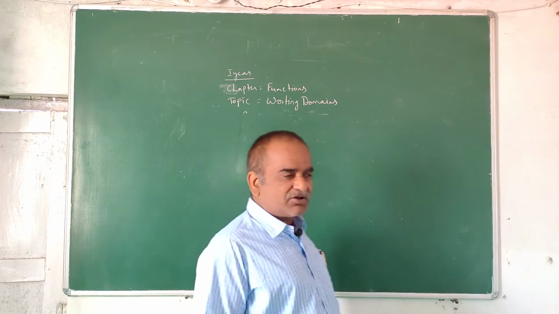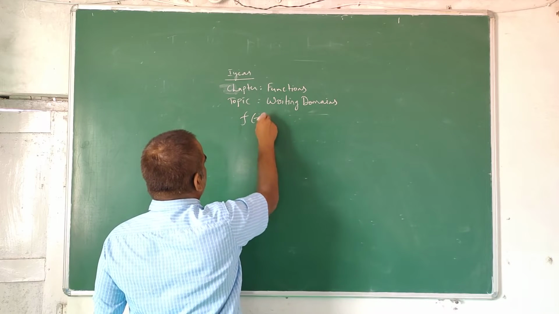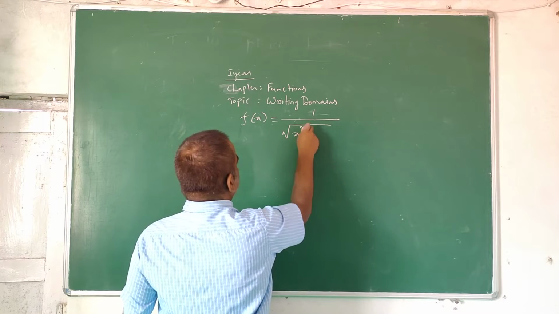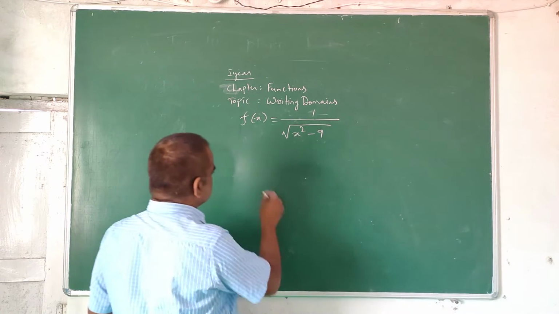Now coming to the third question, f of x is equal to 1 by root over x square minus 9. We have to write the domain.